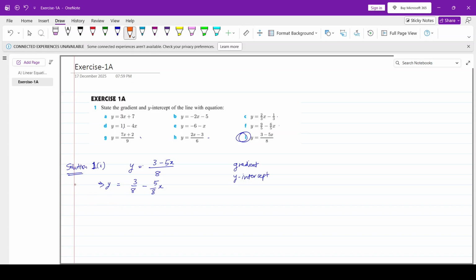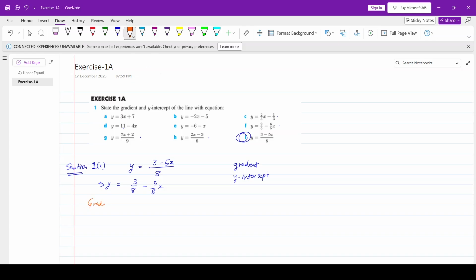what was the gradient intercept form? Let me write it again. Gradient intercept form is y is equal to mx plus c.